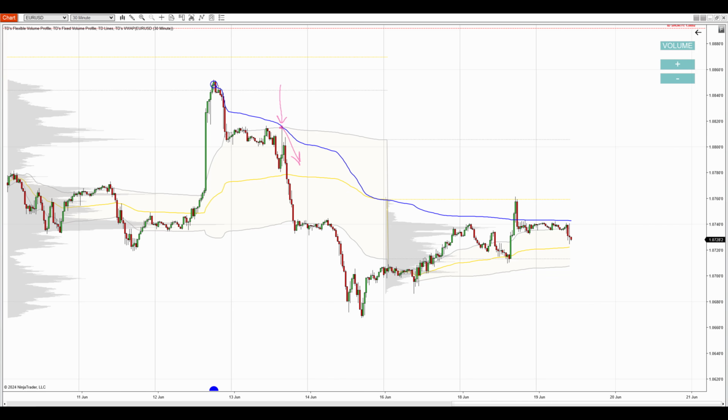The reason is that the price made a pullback to that anchored VWAP, to that blue line, but not only that, it also made a pullback to that gray line, which is the first deviation of weekly VWAP.